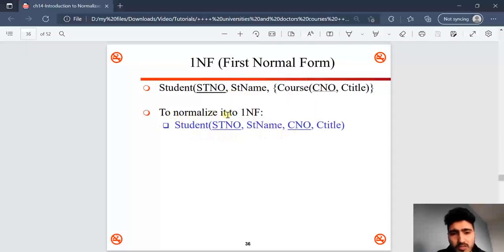So to normalize it to 1NF, we need to decompose the course, which is course number and course title. Each one of these will be decomposed into a single and atomic column or attribute as the following: course number and the course title, and the course will disappear because this is a composite one. It will disappear and the components will take a single column for each.